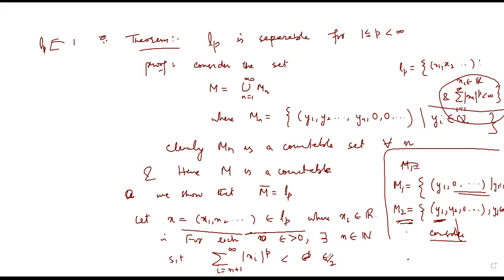Alhamdulillah. So this can be made arbitrarily small. Okay, now also for each xi belonging to R, there exists yi belonging to Q. Now since Q closure is equal to R, that is, mod of xi minus yi is less than what?